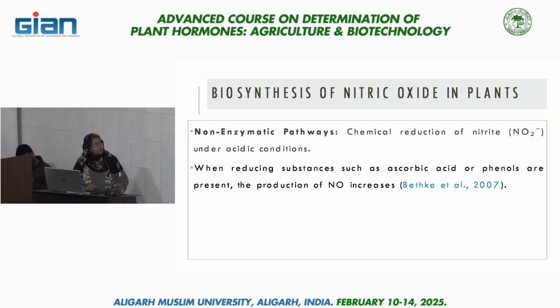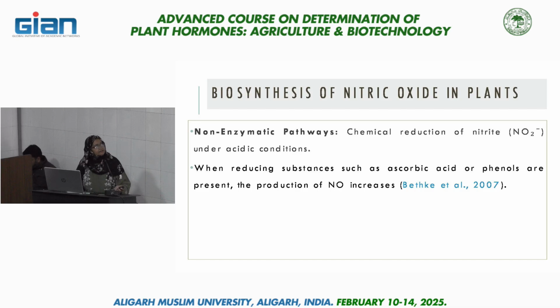If you see the overview of nitric oxide biosynthesis, this is the production of NO from different enzymatic and non-enzymatic pathways that includes the NOS, that is nitric oxide synthase like activity, NR, that is the nitrate reductase activity, and NIR. In this pathway, you can see NO is synthesized from different pathways, and the main one in this is the NR pathway.